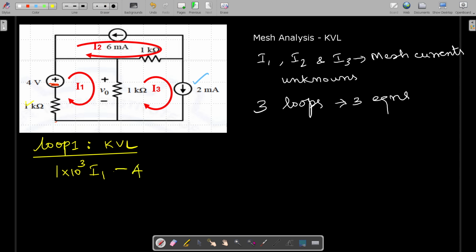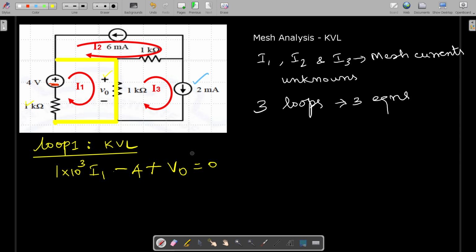Then we traverse through this path in which no element is available, and then through this path in which we have 1 kilo ohm resistance, and the voltage is plus V0 because we come across this plus initially. Then through this path we don't have any element and it ends here, so it is equal to 0.